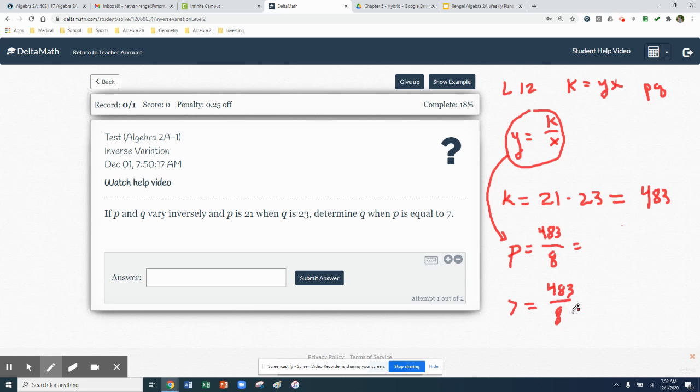Okay, so solving for q, since we're doing 483 divided by q, I'm going to multiply both sides by q. So I'm going to have 7q equals 483. So multiply my left side by q, multiply my right side by q, and then we can divide both sides by 7. So 483 divided by 7 is going to give us our answer, which is 69.